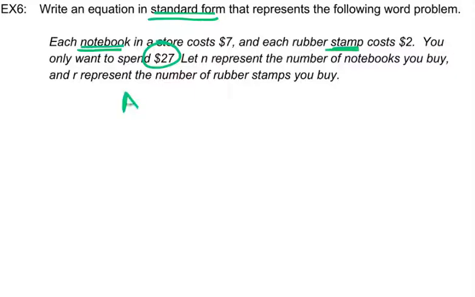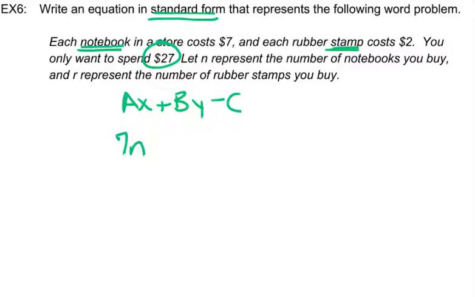So remember that our standard form is ax plus by equals c. In this case, it tells us to let n represent the number of notebooks. That means we can put n just about anywhere. So I know n is notebooks, and notebooks cost $7, so I put the 7 right next to the n. On the other hand, we want r to represent the number of rubber stamps.